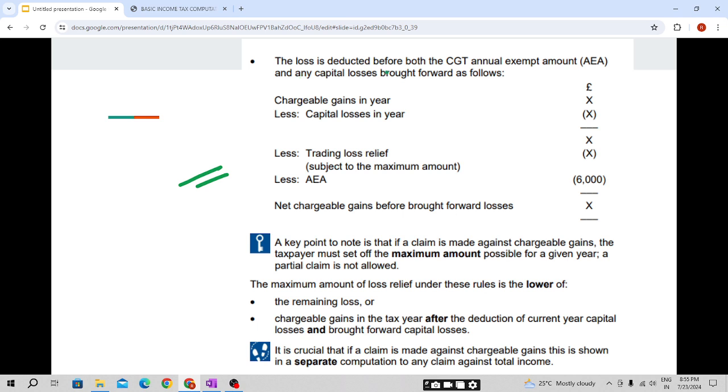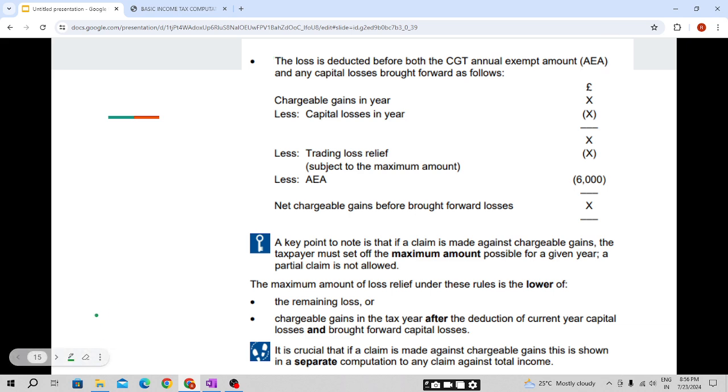The loss is deducted before both the CGT annual exempt amount, AEA, and capital loss brought forward, as follows. So students, do not get confused with this term. These are all new terms we will be seeing.